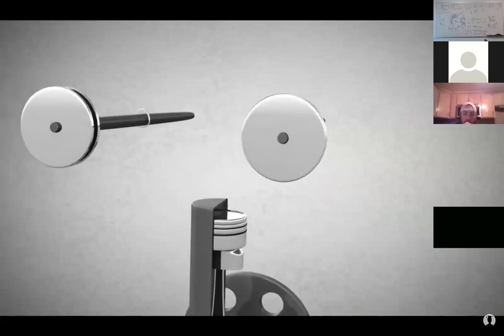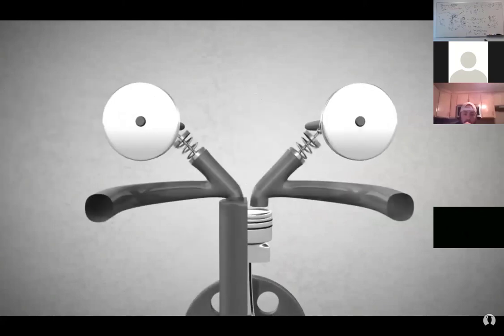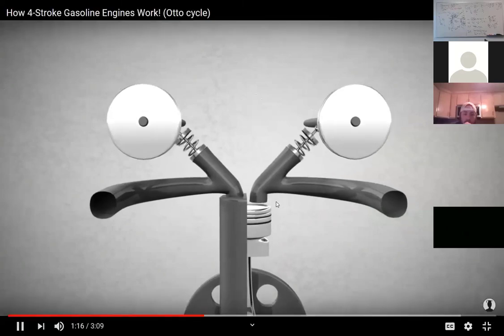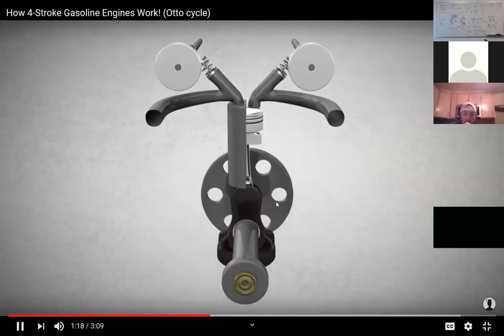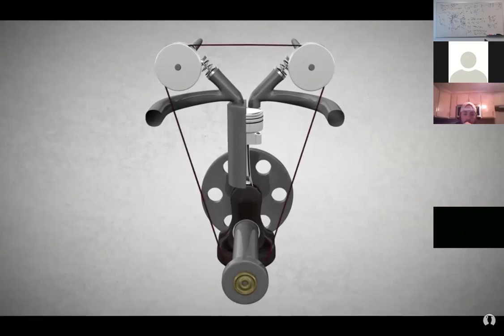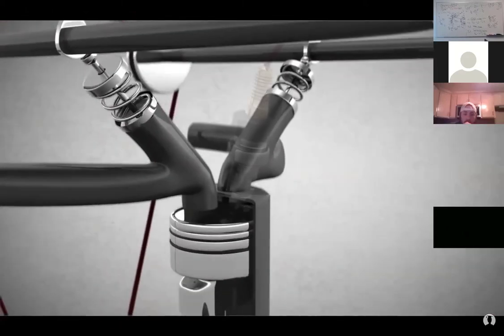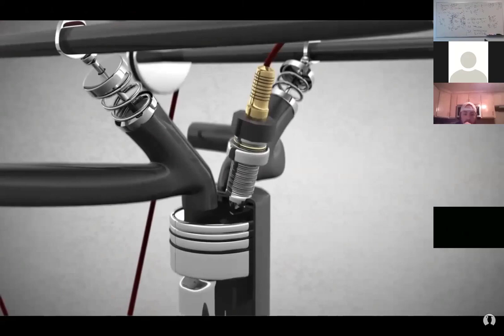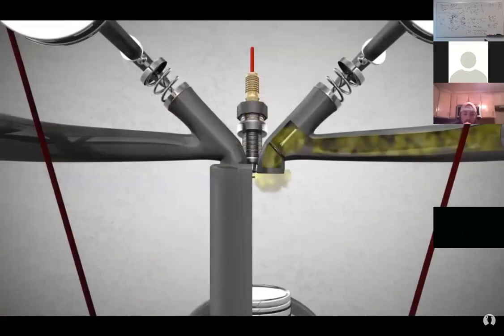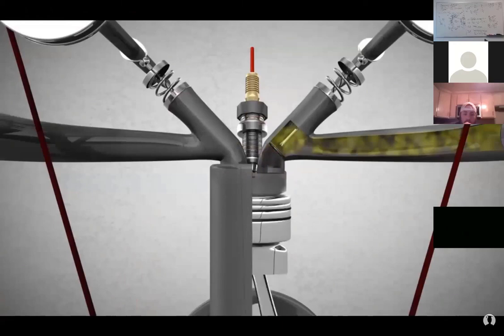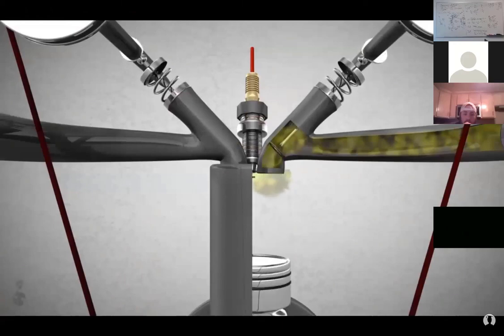Shafts are installed on top of the cylinder, which control the intake and exhaust valve. The camshaft is connected to the crankshaft through a belt. More often than not, the crankshaft to camshaft gear ratio is 2:1, which means that for every 2 revolutions of the crankshaft, the camshaft will rotate only once. An Otto engine has a spark plug that uses an electric spark to ignite the fuel charge. The four-stroke Otto engine is an internal combustion engine in which the piston completes 4 separate strokes.